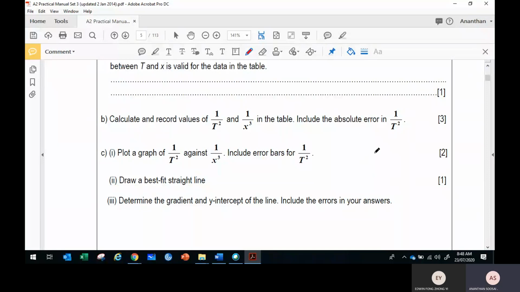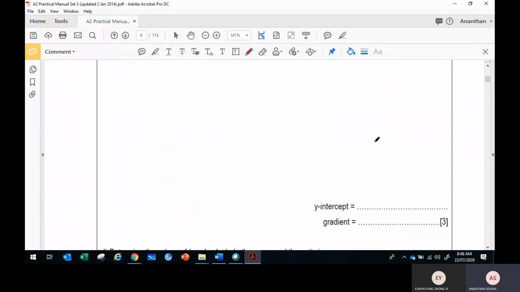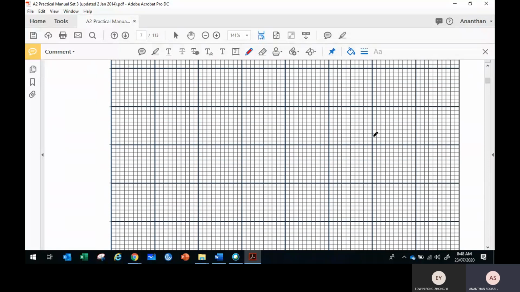In a real examination, one piece of good news is that for this kind of question the scale is provided, so you don't need to worry about how many boxes take how many centimeters.